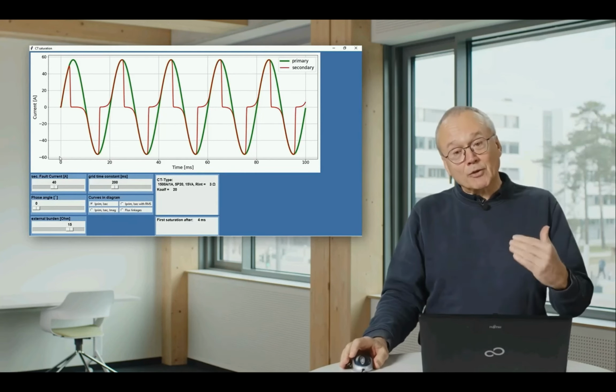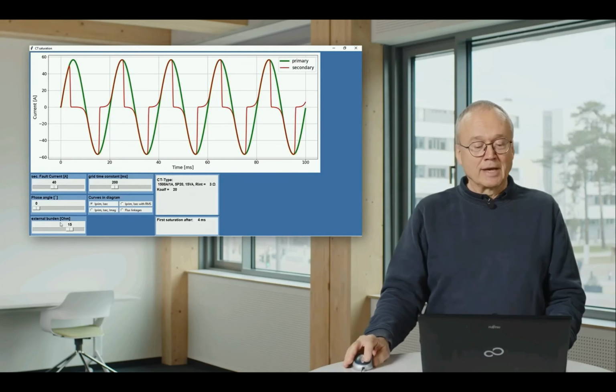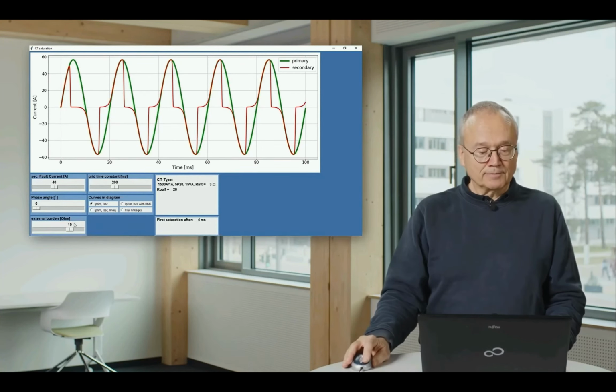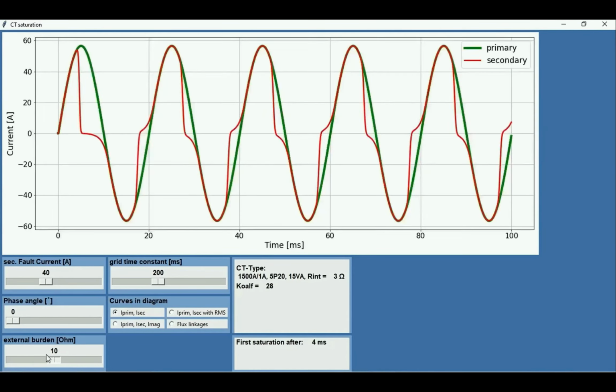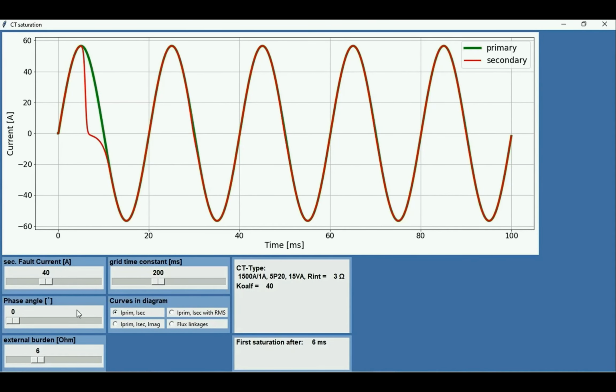If we now leave the current at this high value and reduce the burden, then you will see, I take the burden back to 6 ohms, and then you see it's fine again. Saturation has gone, because by reducing the burden, we reduce the voltage across the magnetizing reactance, and that reduces the saturation.